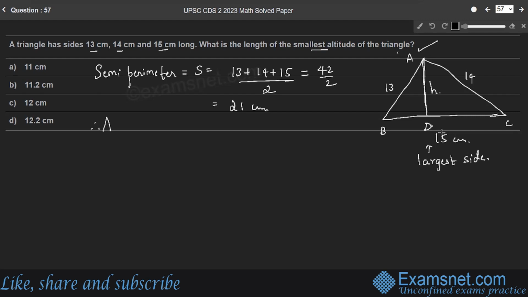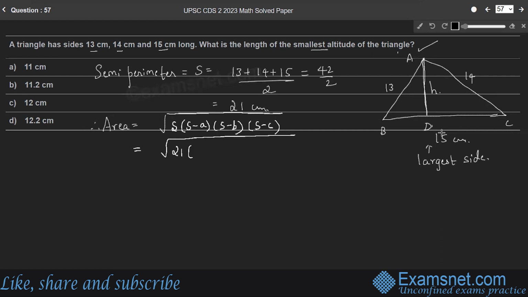Therefore, the area of the triangle, the formula says, is the square root of semi-perimeter into S minus A into S minus B into S minus C, right? So square root of 21 into 21 minus 13 into 21 minus 14 into 21 minus 15.